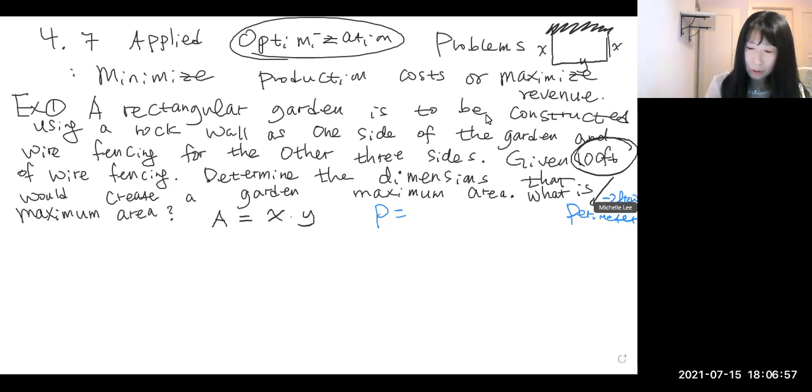But in this case, we have 2x plus only 1y, right? Now this is a perimeter, so this is 100.